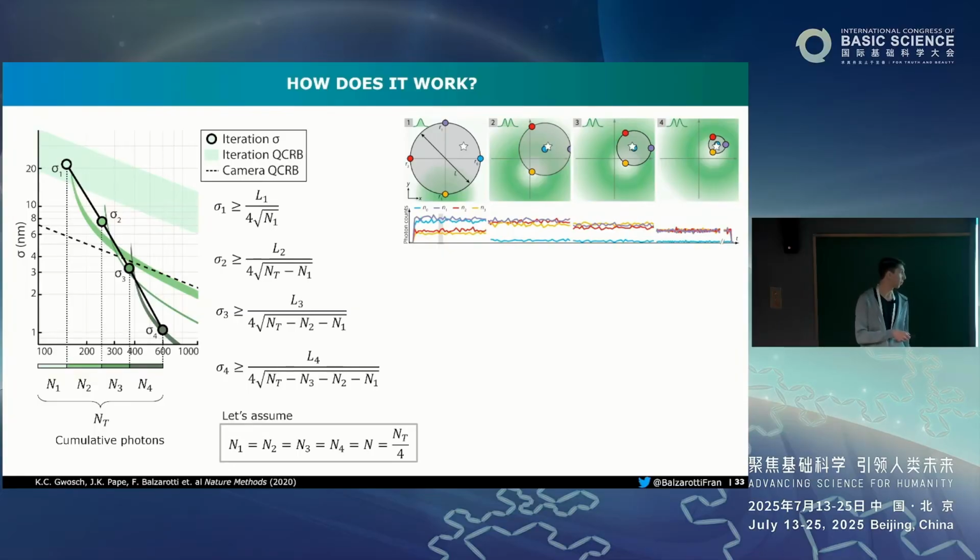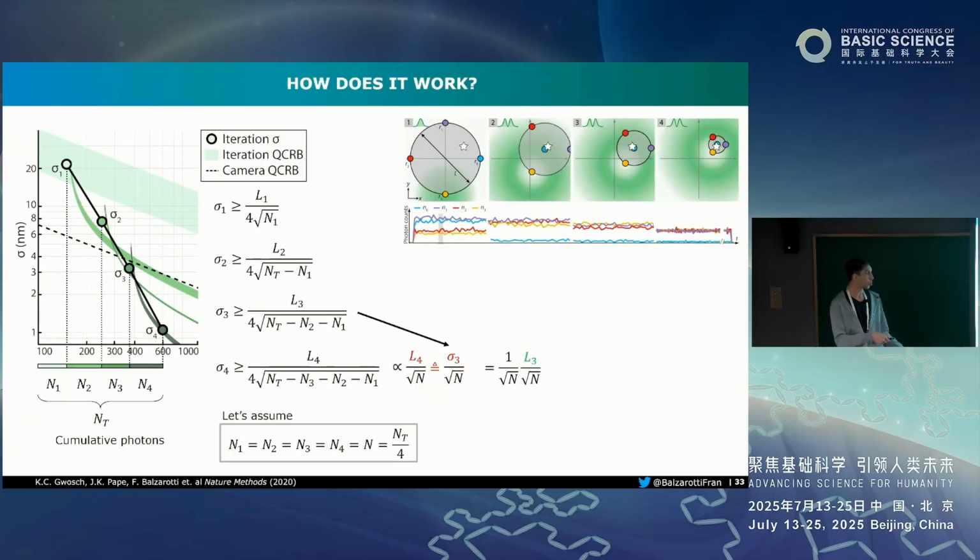And what this means, for example, is that the design here is that you need to choose how many photons you're going to use and what else you're going to choose. But let's say that you choose L4 to be equal to sigma 3, right? That's great. So then sigma 3 is what? Is L3 over another number of photons.